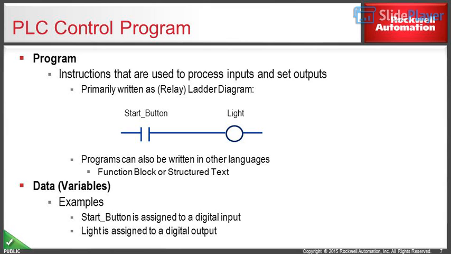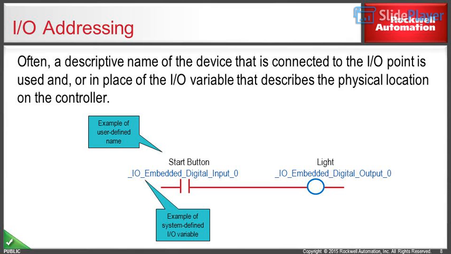Start_button is assigned to a digital input. Light is assigned to a digital output. I/O addressing: often, a descriptive name of the device that is connected to the I/O point is used in place of the I/O variable that describes the physical location on the controller.